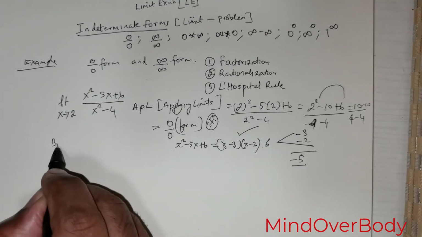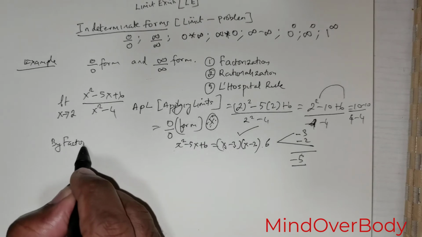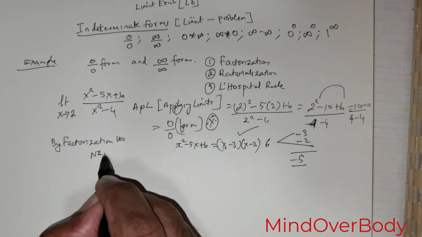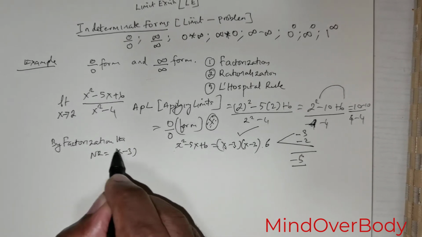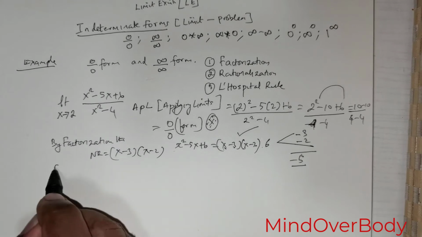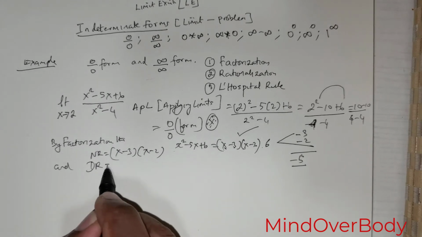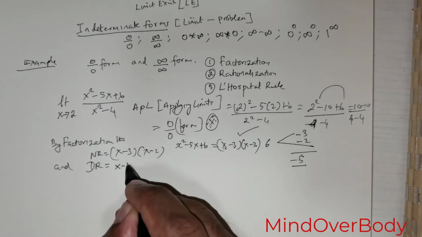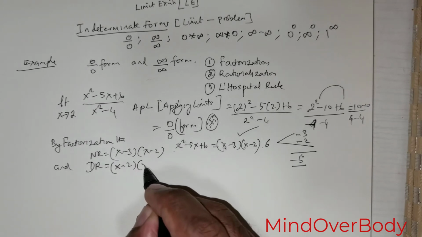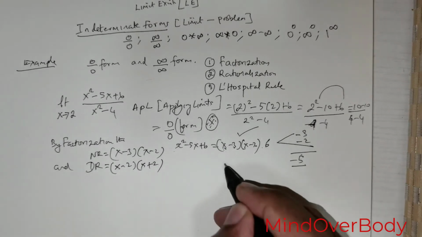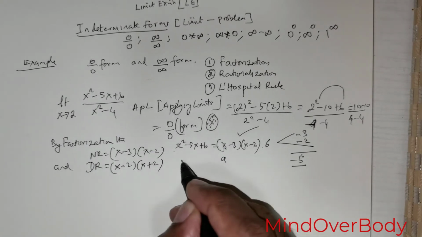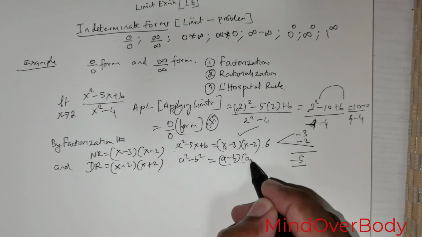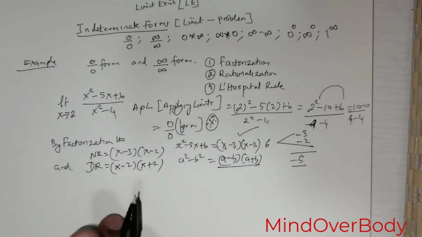So by factorization, I'm just going to state it. The numerator is written as x minus 3 and x minus 2, and we should not ignore the denominator. The denominator is written as x minus 2 times x plus 2. Why? Because if I have a squared minus b squared, I can rewrite this as a minus b times a plus b. That's what I'm doing here.